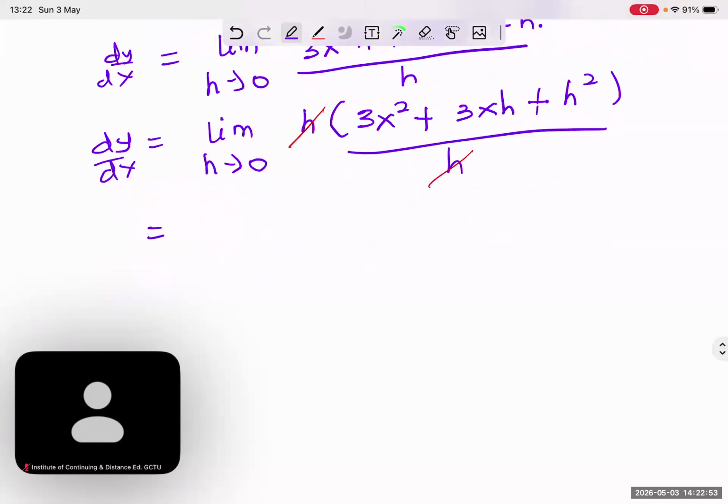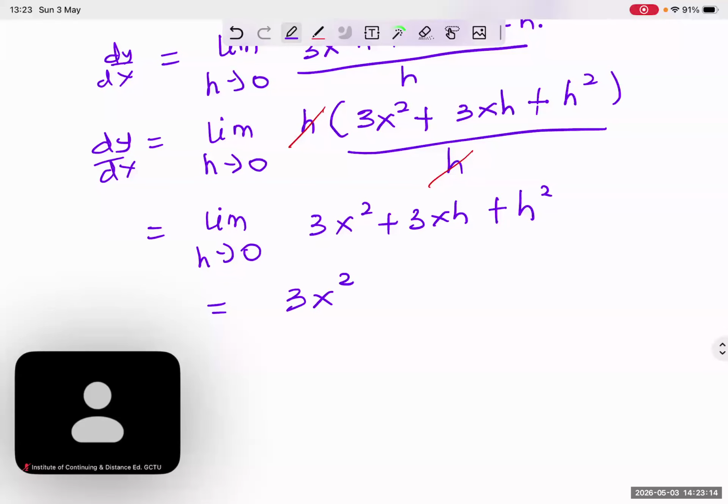Next, this is the limit as h approaches 0 of 3x squared plus 3xh plus h squared. Limit means wherever we see h, we approximate that to be equal to 0. So this is equal to 3x squared, there's no h, plus 3x times 0 plus 0 squared.